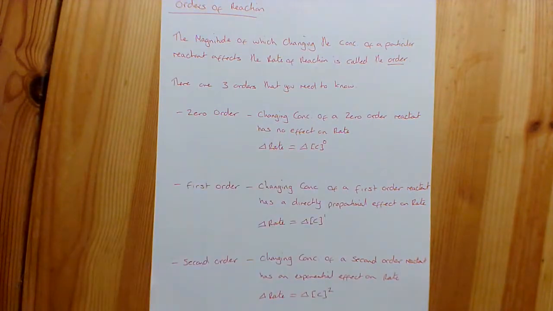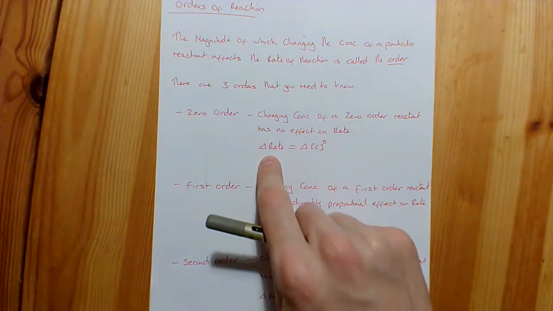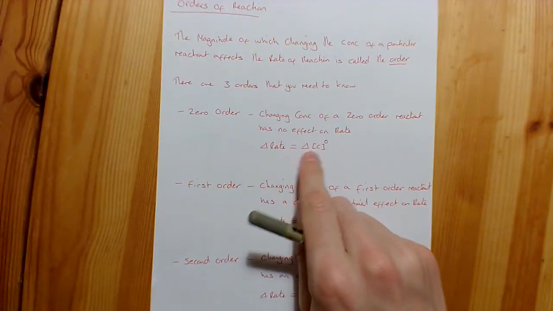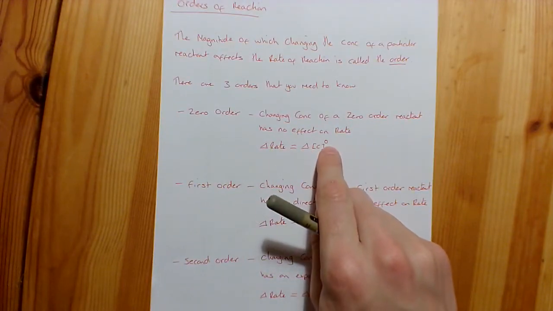So a zero order reactant is a reactant where changing the concentration of that reactant has no effect on the rate. So you can double it, quadruple it, you can halve it, it won't change the rate of the reaction. So the change in rate is effectively equal to the change in concentration to the power 0.